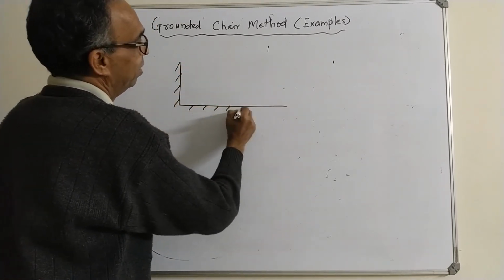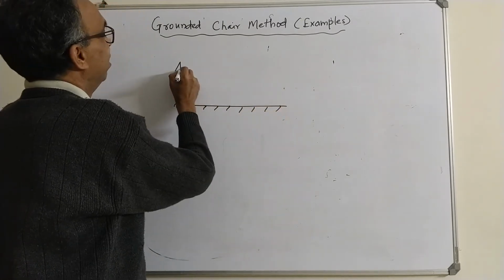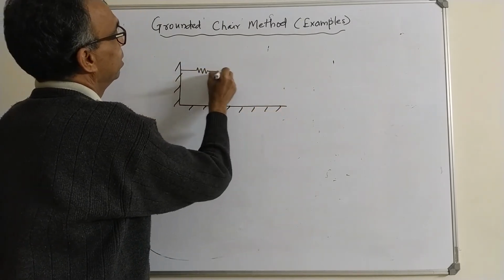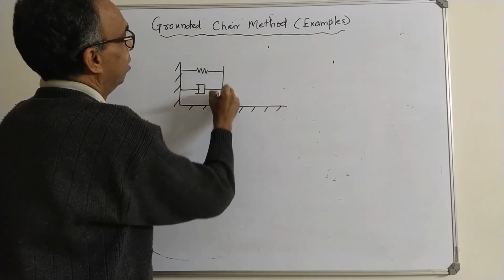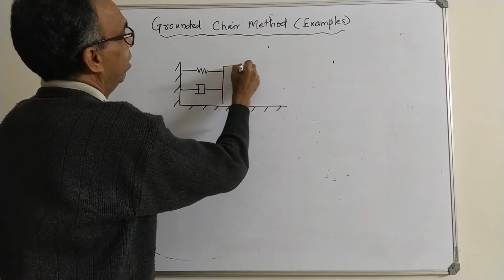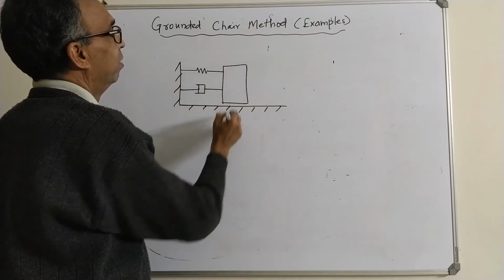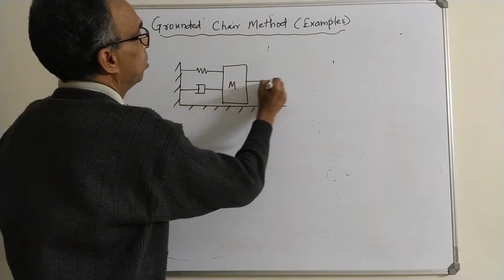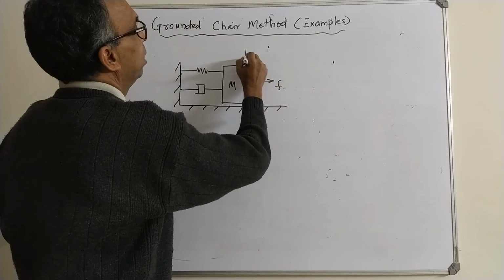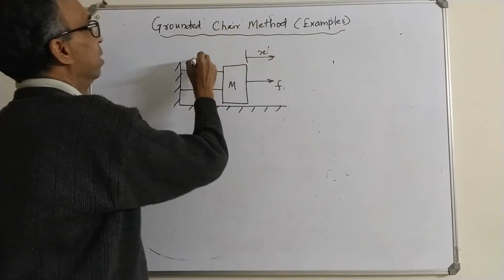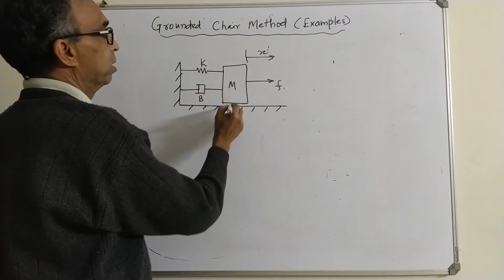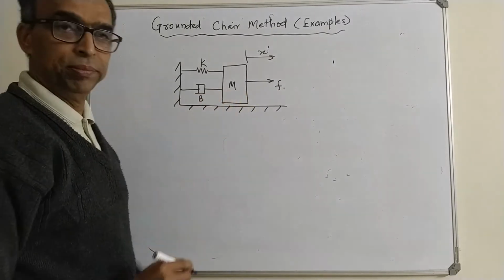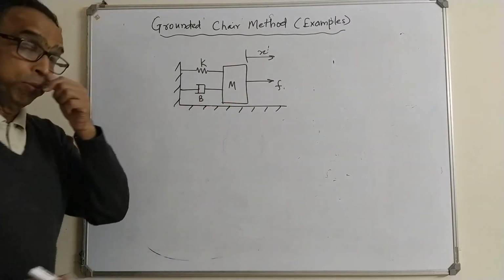If you remember, I put this spring like this, this damper like this, and this is mass M subjected to F, and because of that X is there. This is frictionless, there is no damping here, right? So this is one more problem.